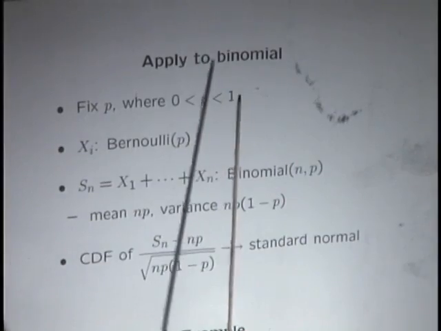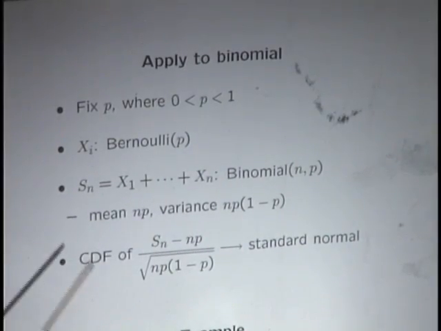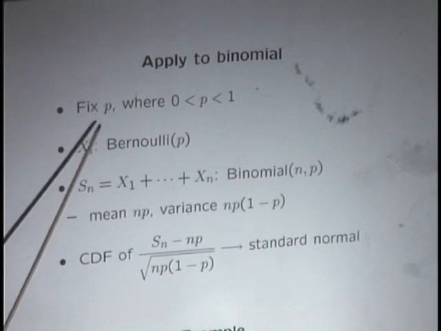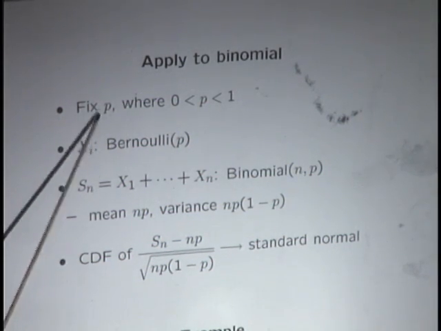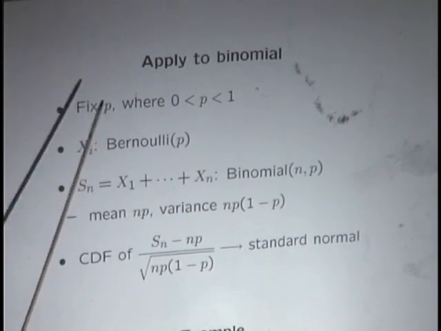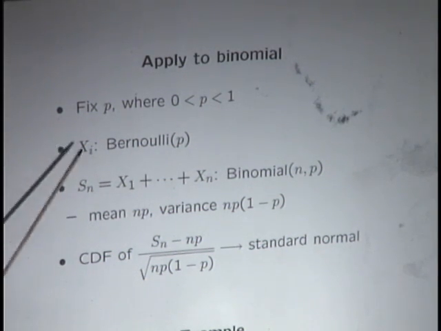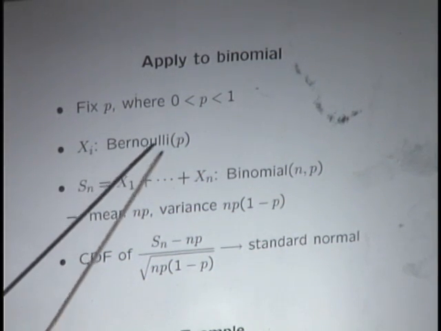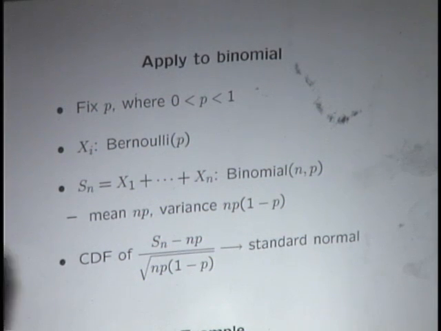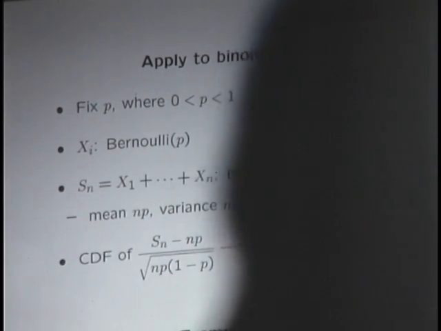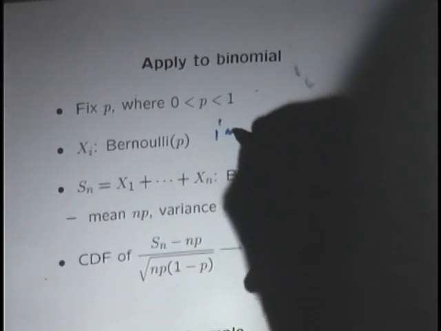So here's what we did essentially in the previous example. We fixed the number p, which is the probability of success in our experiments. P corresponds to f in the previous example. Let every Xi be a Bernoulli random variable, and our standing assumption is that these random variables are independent.